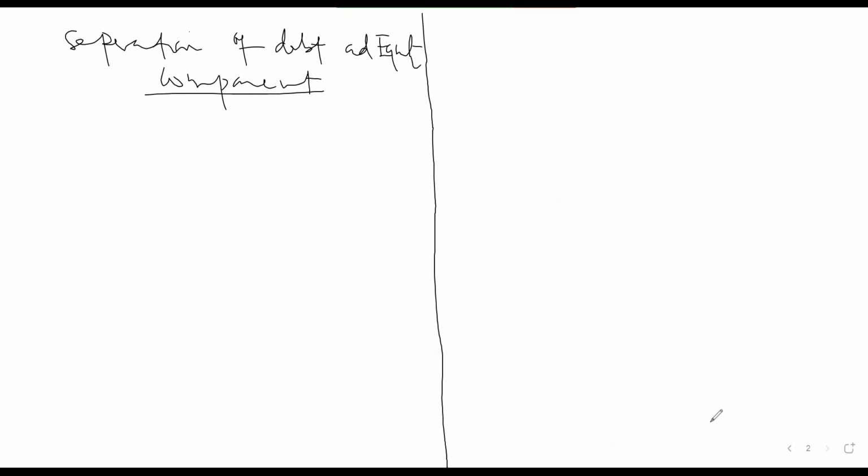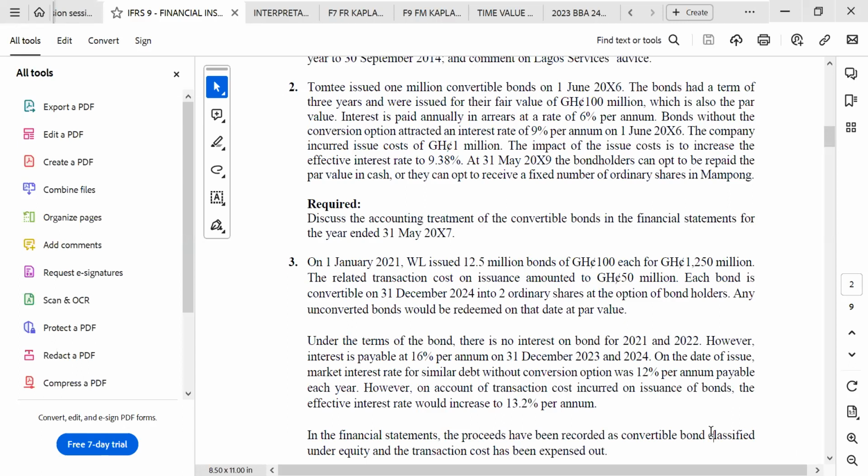You can only calculate the debt component. So we have the years, we have the cash flow, we have the discount factor, and we have the present value. The question is, what discount factor are we going to be using?